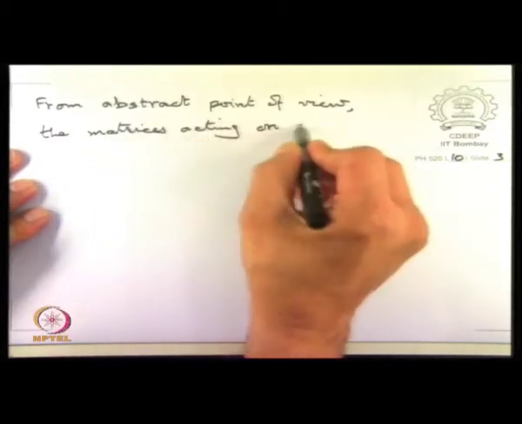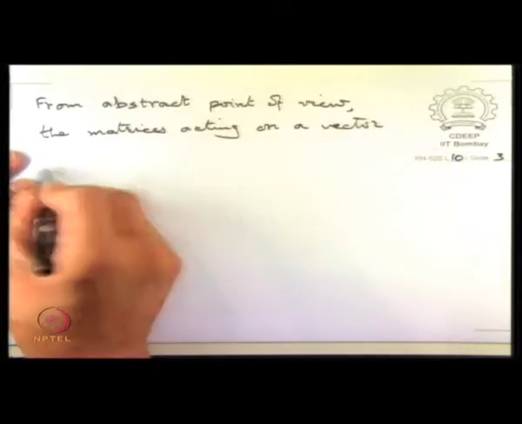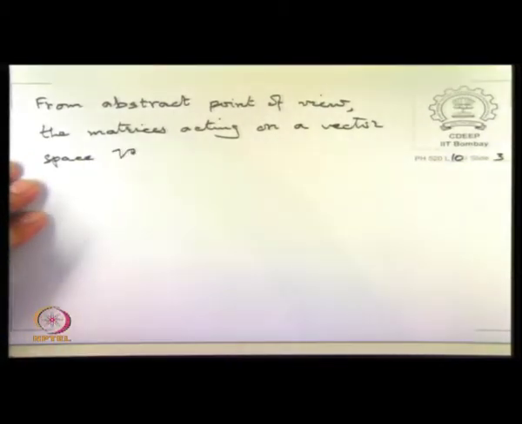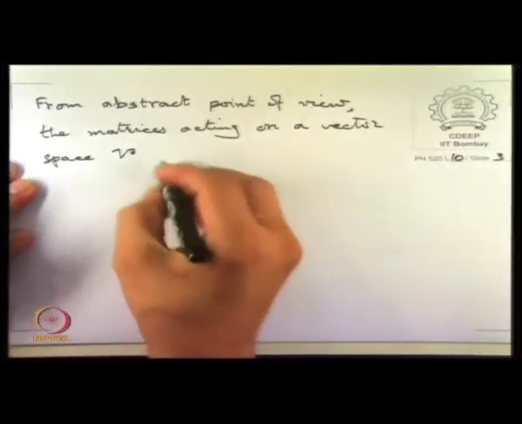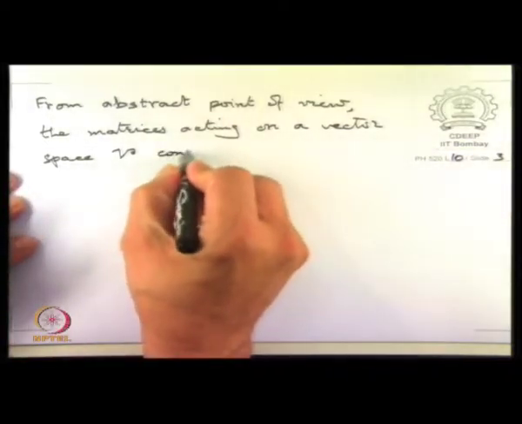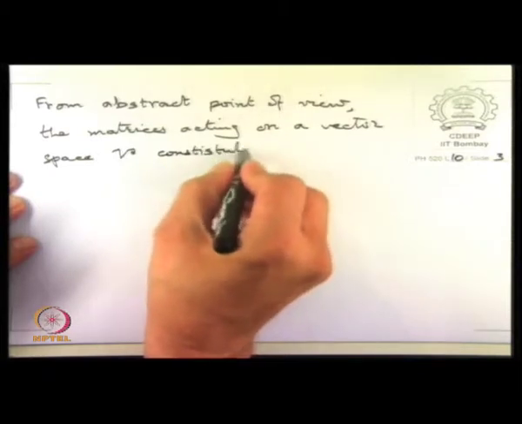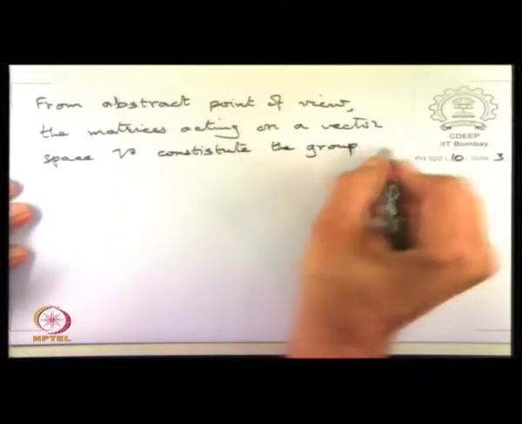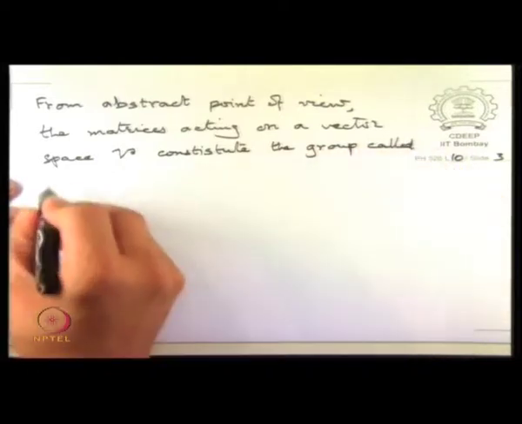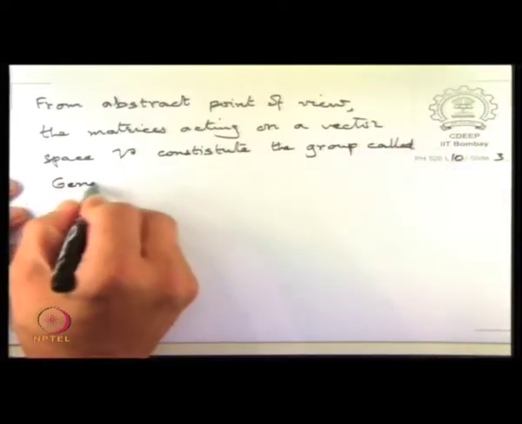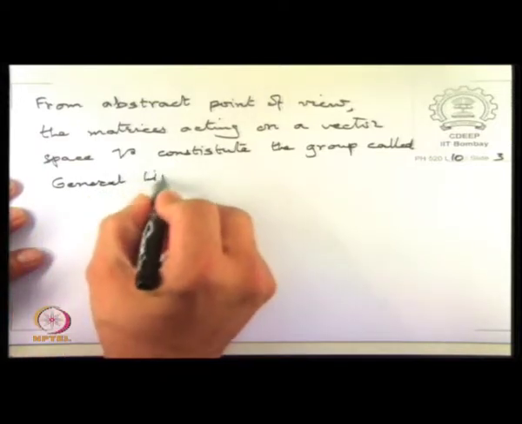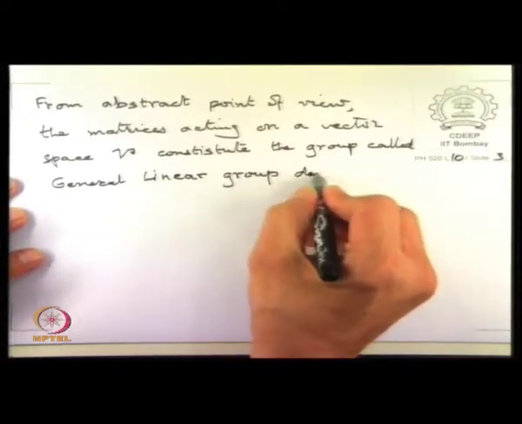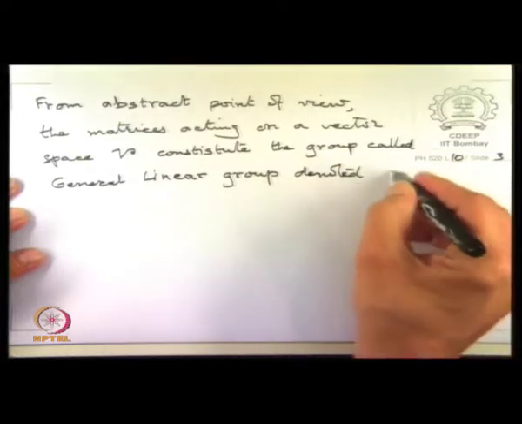Matrices acting on a vector space V constitute the group called the general linear group, denoted GL(V).